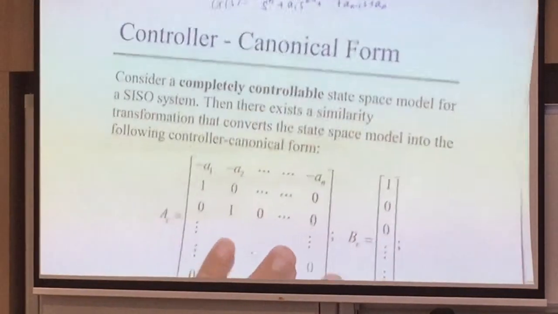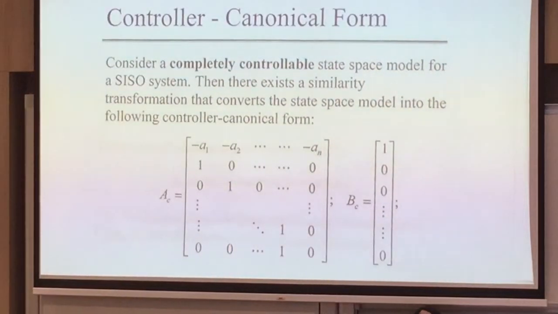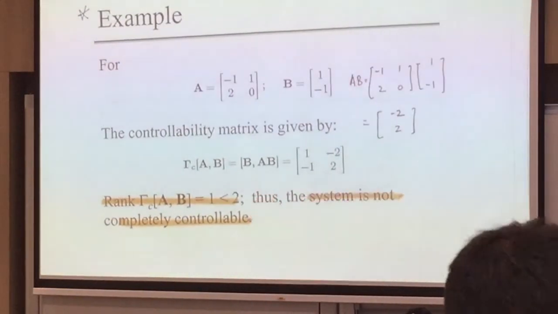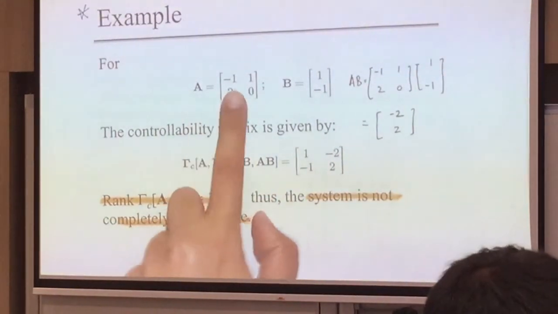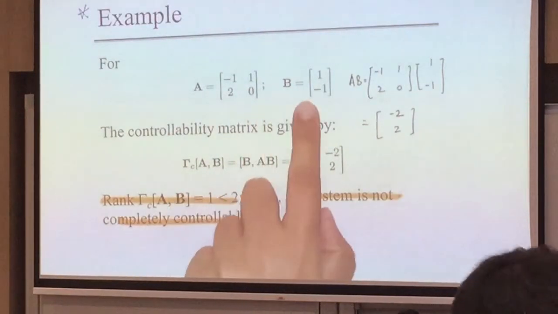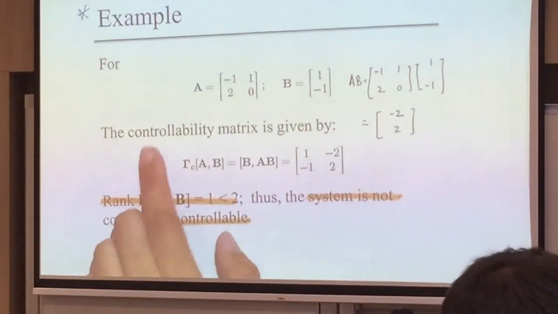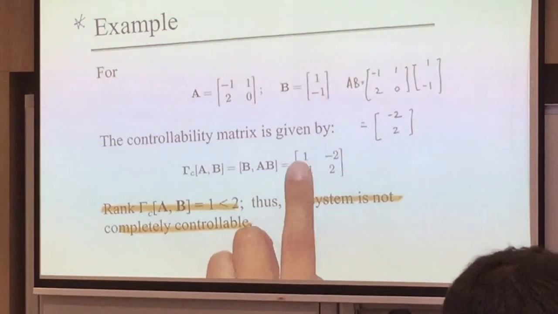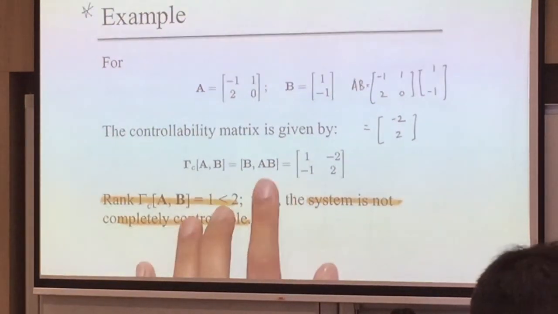Example. Let's check whether this is a completely controllable state space model. A is minus 1, 1, 2, 0 and B is 1, minus 1. Your controllability matrix: the first column is B, so 1, minus 1. The next column is AB.